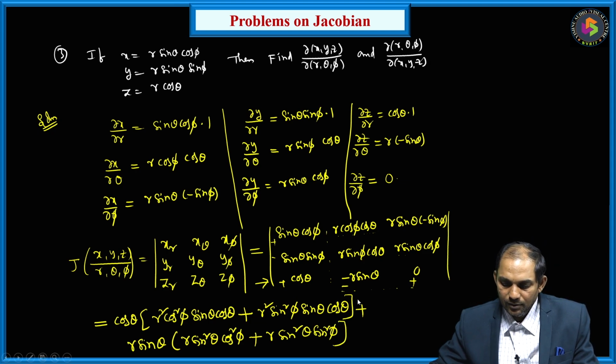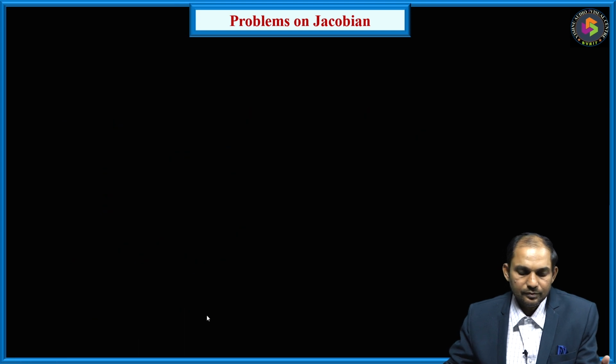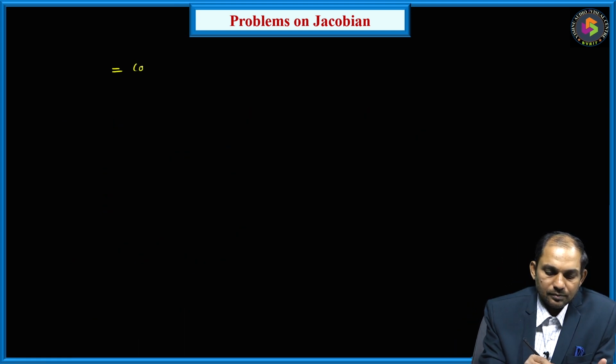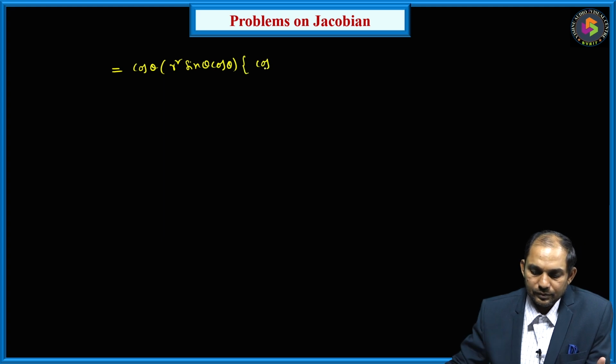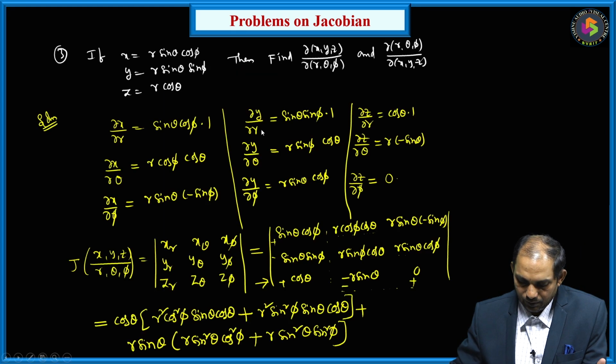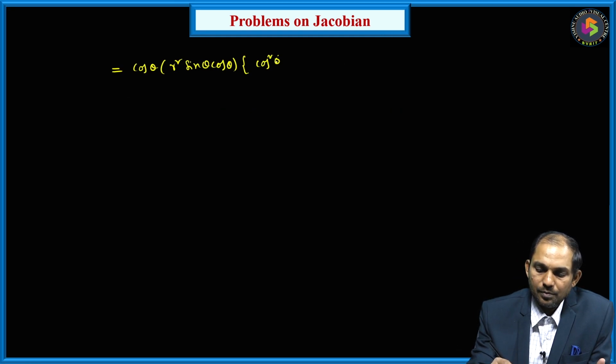This we have to simplify. From the first bracket term, we can take r square sin theta cos theta common. It is equal to cos theta into r square sin theta cos theta, and what remains is cos square phi plus sin square phi, which is 1.